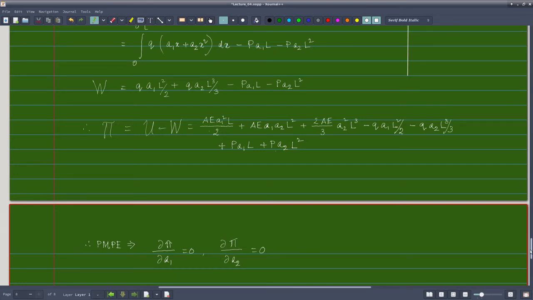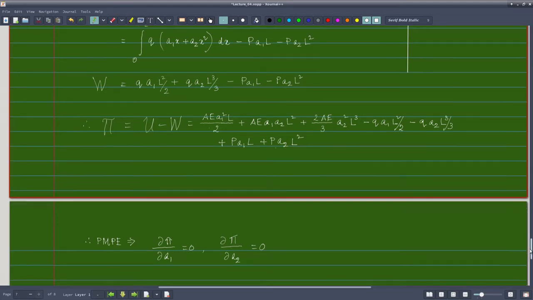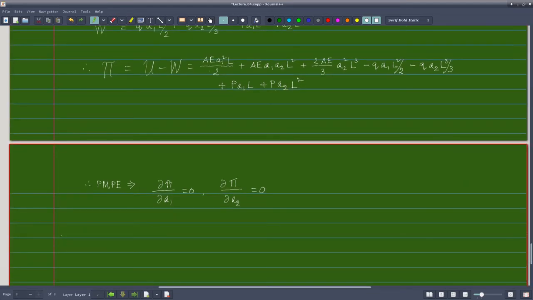Okay, and now therefore what will be my del pi del A1? Del pi del A1 is, from this term I will get twice A1, so that 2 and 2 will go, so AE A1L.